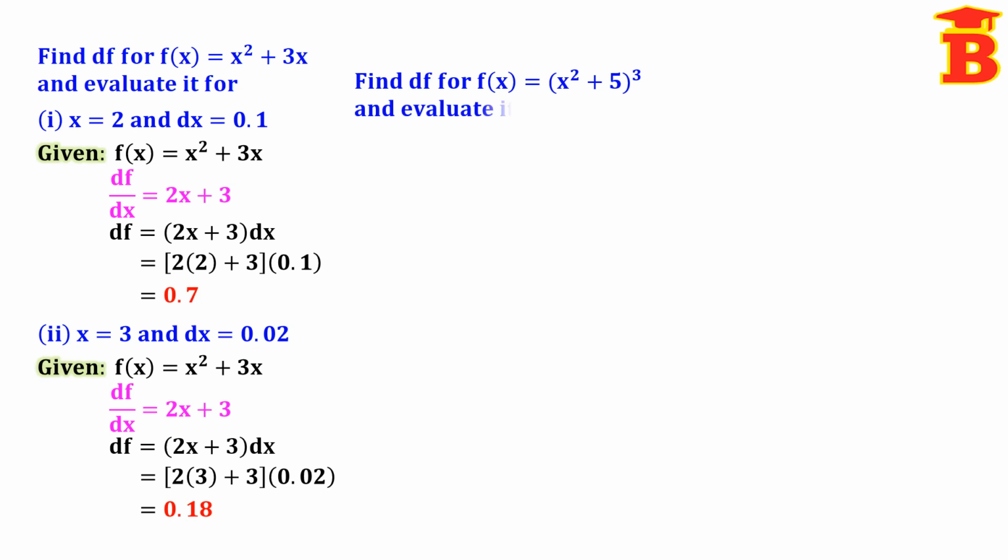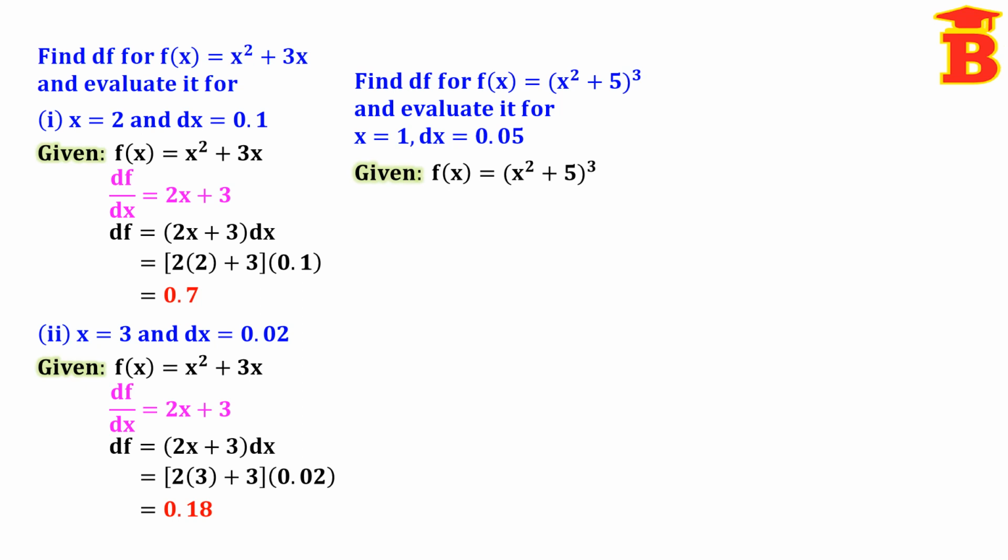Similarly, next find df for f of x equal to x squared plus 5 whole cube and evaluate it for x is equal to 1, dx equal to 0.05. You write the given f of x equal to x square plus 5 whole cube.